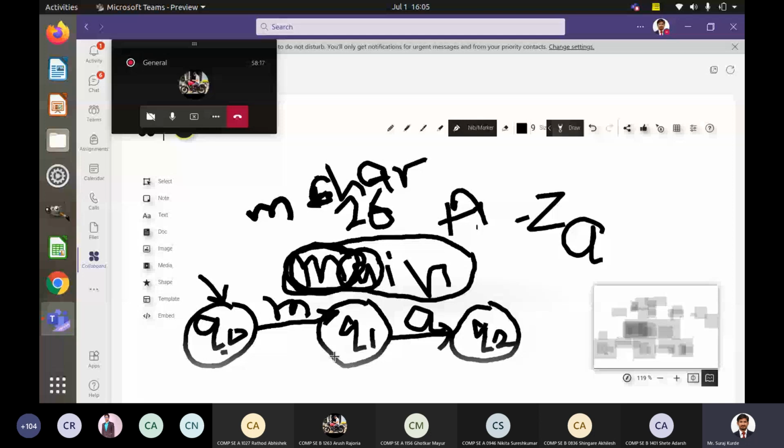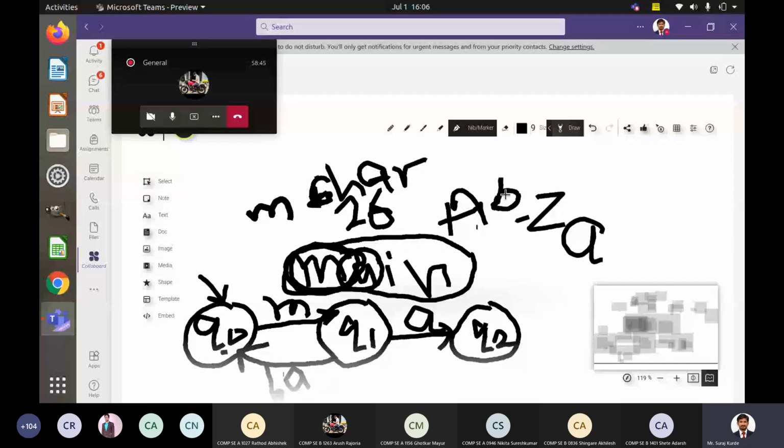So it is not A. I will write not A instead of writing 25 alphabets. The possible inputs are A to Z. Now instead of A, input will be B to Z. So if any alphabet from B to Z is provided as an input, then it goes back to the state Q naught. But if input is A after M, it goes to state Q2.